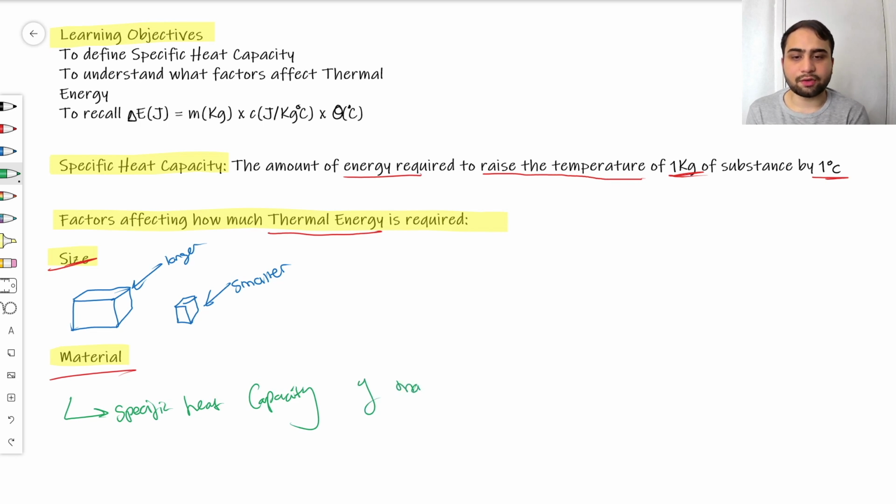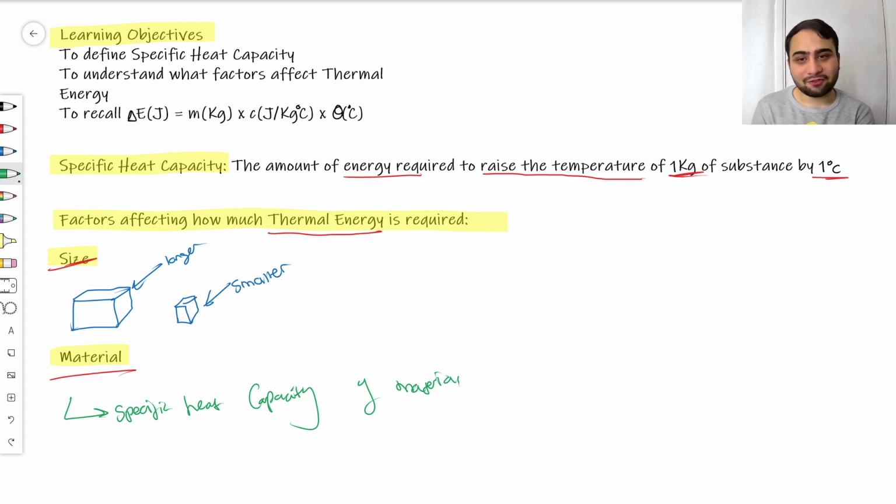Some materials, such as water, so we can also look at liquids, also have specific heat capacities, or rather we're looking at solid water here, so ice, have very high specific heat capacities. Like the specific heat capacity of water is something around 4,200 joules, which is a huge amount compared to some metals which are only 600 joules per kilogram degree Celsius.